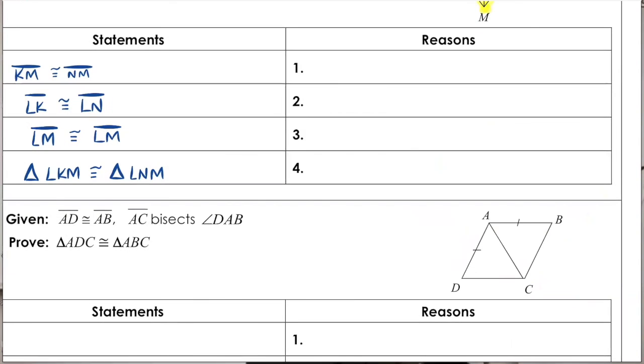All right. How did we know that KM was congruent to NM? They told us. How did we know LK is congruent to LN? They told us. How do we know LM is congruent to LM?